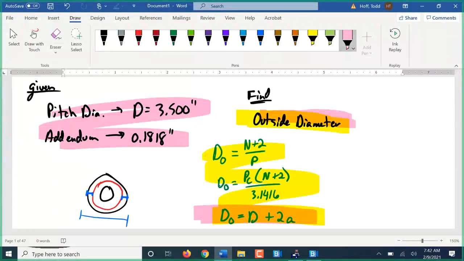The second method I discussed was looking in the table to find the information we're given, to see if we can work backwards for what we're looking for.